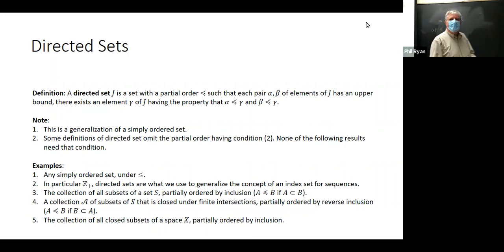Okay. So it's these kinds of things that are going to be useful when it comes to defining a sequence, generalizing a sequence. Okay.